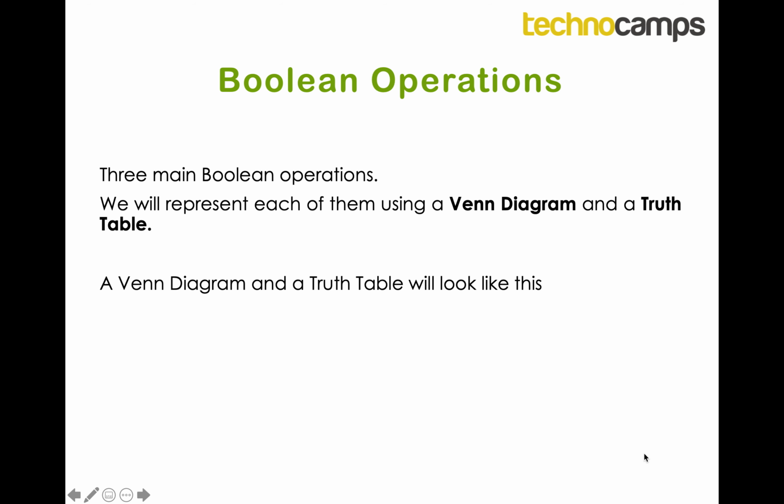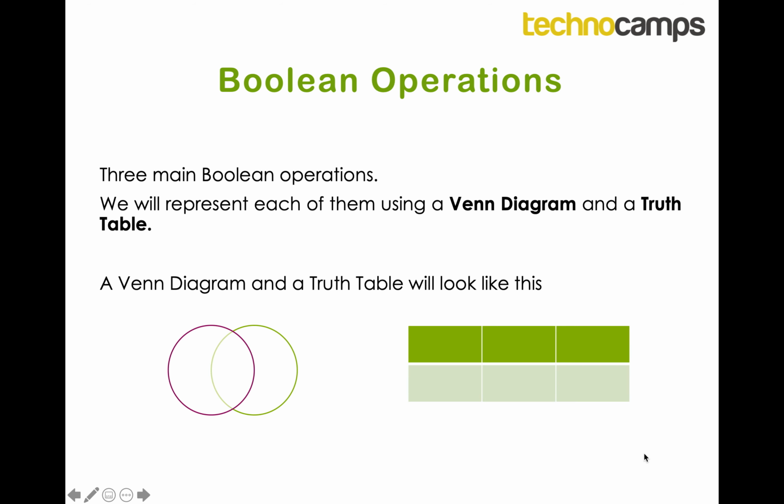What do a Venn diagram and truth table look like? A Venn diagram is usually used in set theory. If you have done set theory in mathematics, you will have done Venn diagrams for that. So we're going to use something like that. For people who haven't done set theory or Venn diagrams, it's just a circle representing an item. For example, if I represent chocolate and orange juice, the purple circle represents chocolate and the green circle represents orange juice.